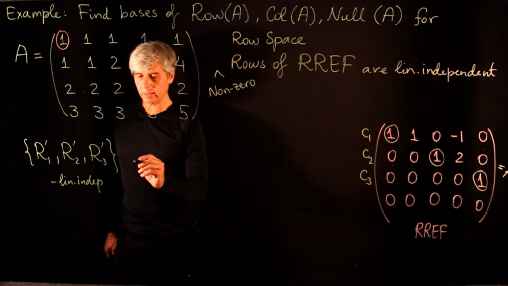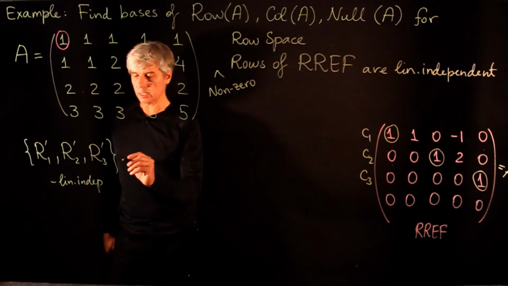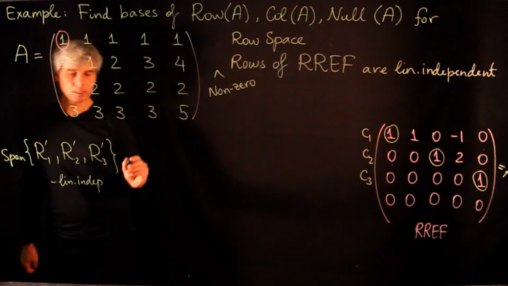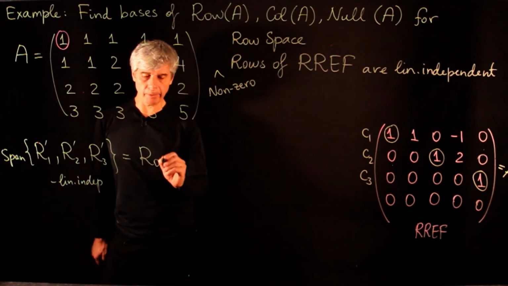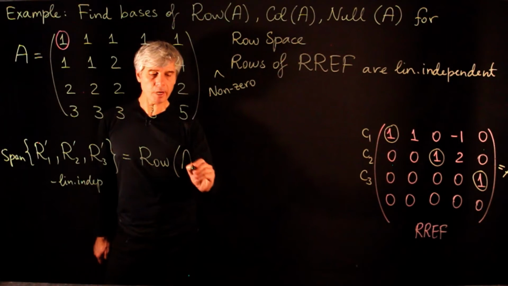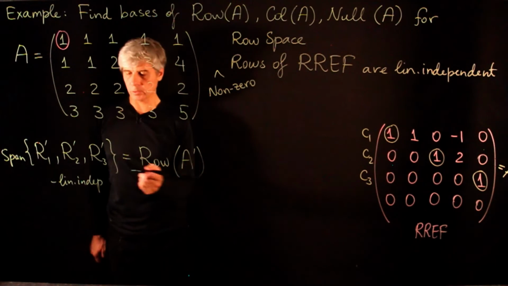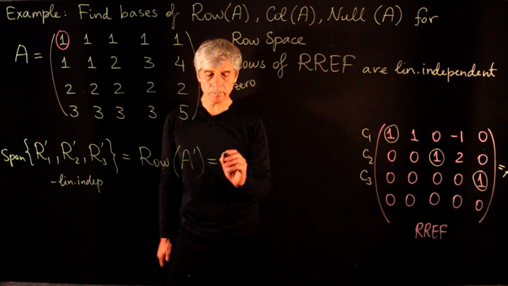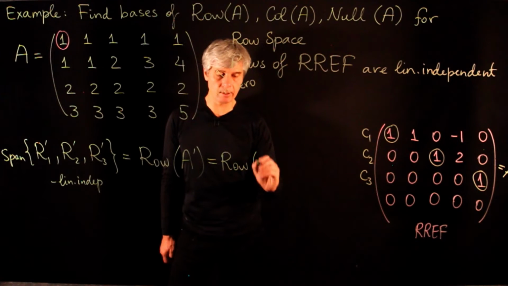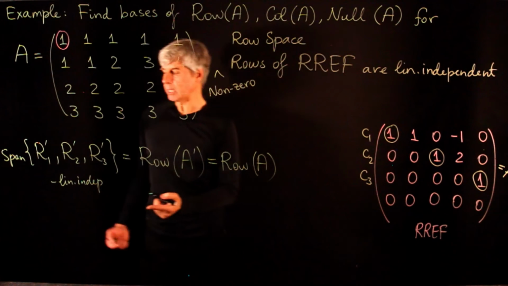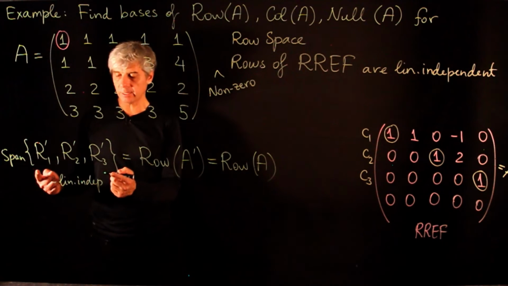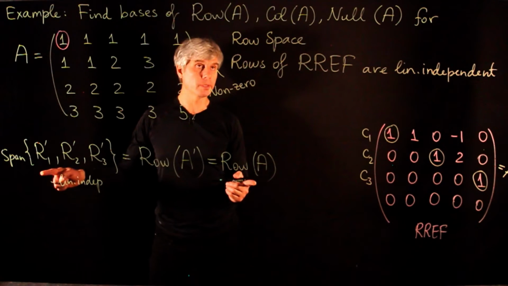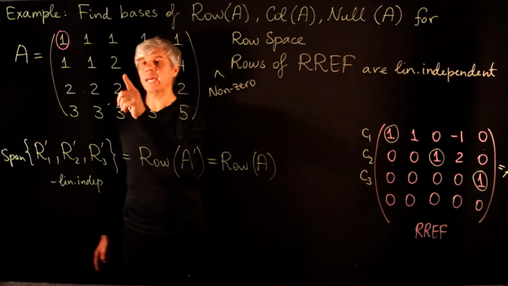And we also know that the span of this set is equal to the row space of A prime, because these are all the non-zero rows of A prime. But by our theorem, this is the same as the row space of A. So what we constructed is a linearly independent set of vectors that spans the row space of A.